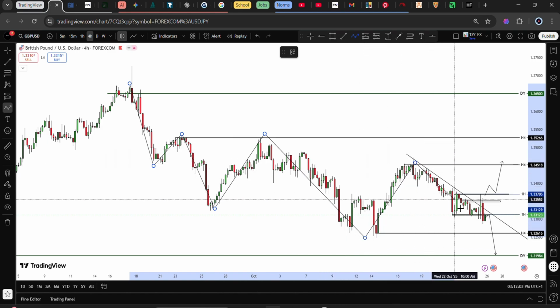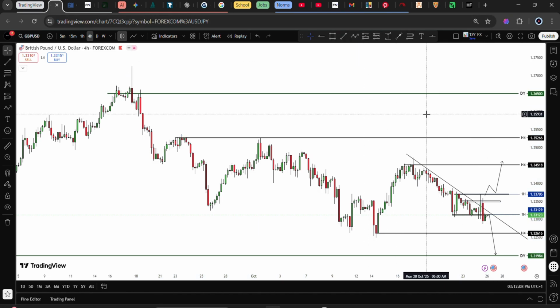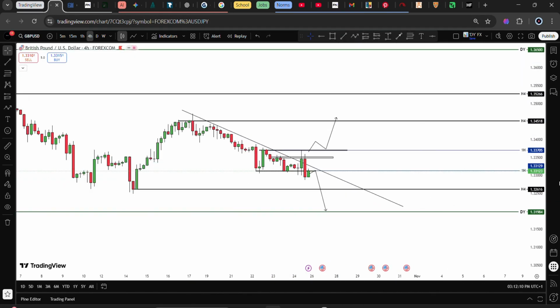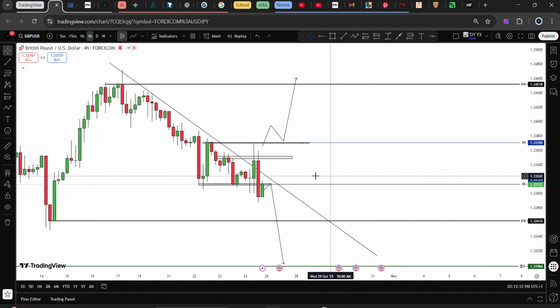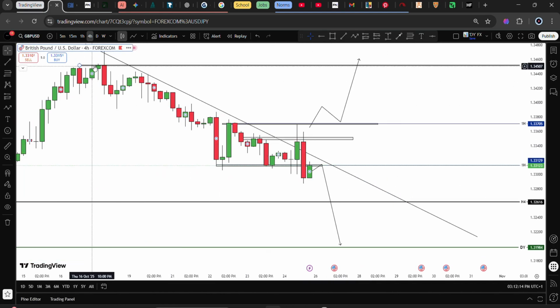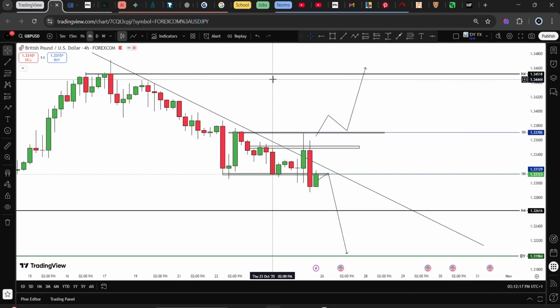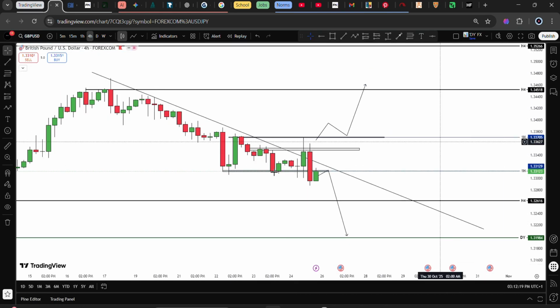So obviously we're expecting the market now to create a lower low. Then on the 4 hour time frame, I have this trend line here, which is directing me in the market, showing me that the market is in a downtrend.